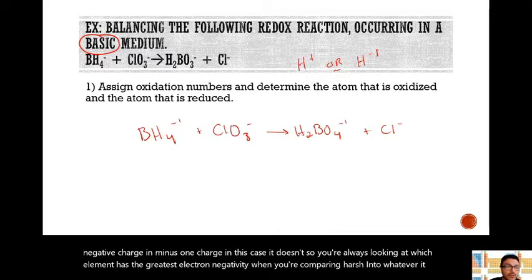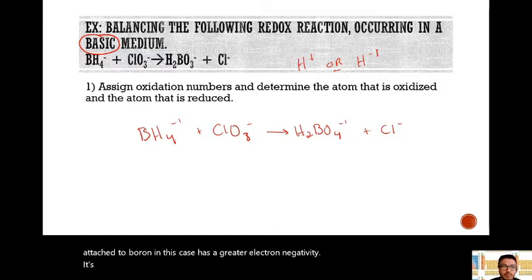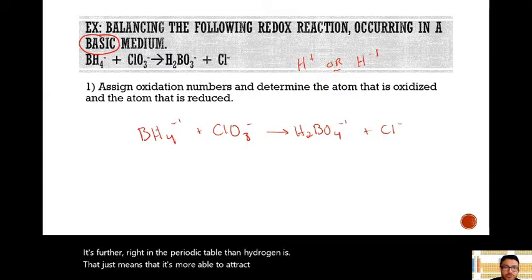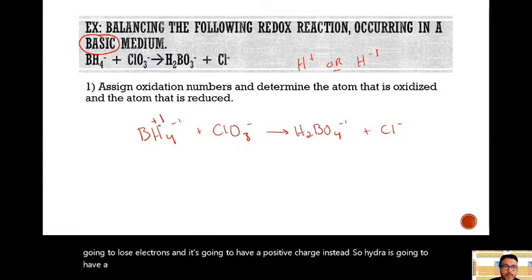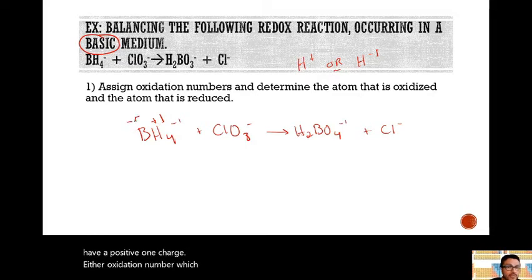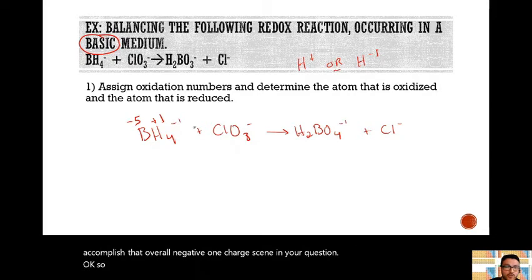Boron in this case has a greater electronegativity, it's further right in the periodic table than hydrogen is. That just means that it's more able to attract electrons to it, which means hydrogen is going to lose electrons and have a positive charge instead. So hydrogen is going to have a +1 charge as our oxidation number, which means boron has to have a -5 to accomplish that overall -1 charge seen in your question. Okay, so boron and hydrogen, here are their oxidation numbers.